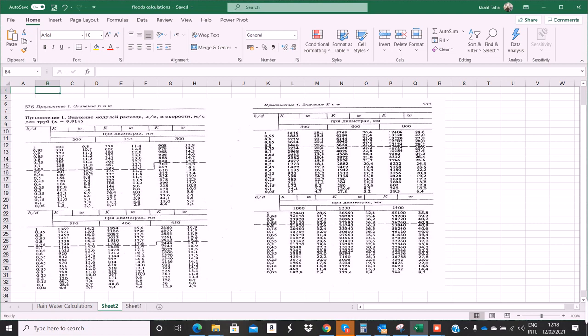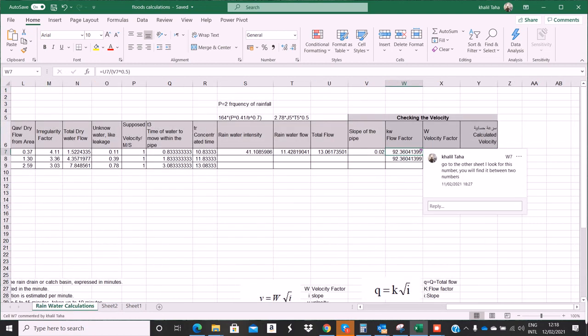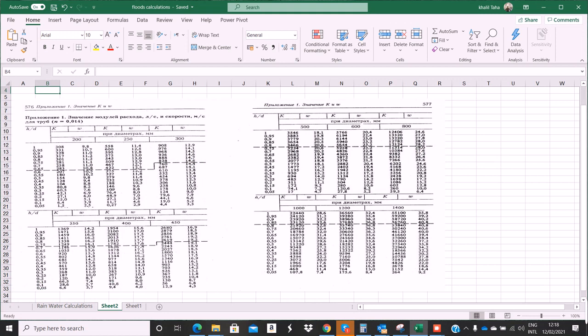We have the KW, and it is 92. Back to the diagram, it is 92. It is between 80 and 104, between these two numbers. And if you look here, you will see the percentage of flow within the pipe.